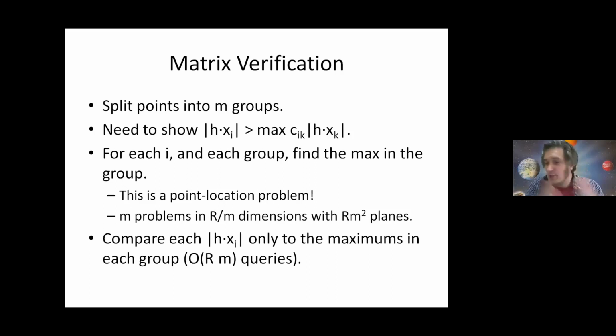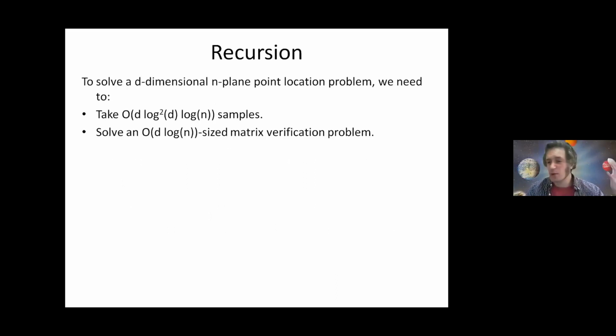And once we have the biggest term in each group, each h dot xi only needs to be compared to the maximums in each group. So a total of something like R times m additional queries. And so in the long run, we get this recursion.